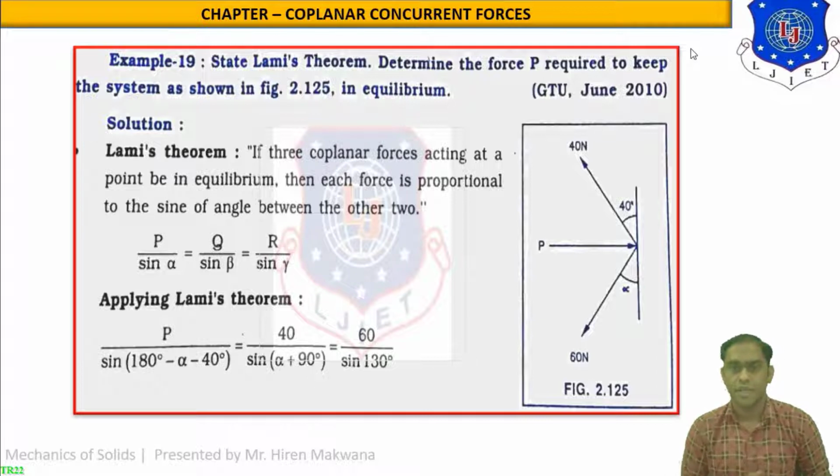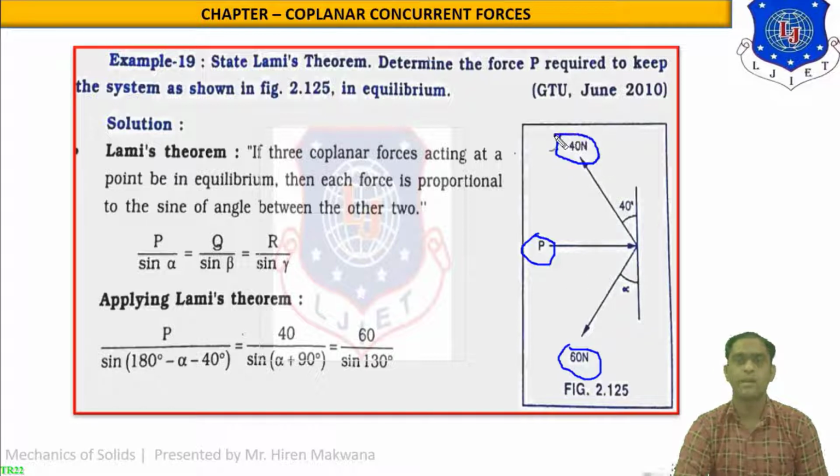Now, according to the figure, we are required to find the unknown force P. Concentrate on the figure very carefully. This is unknown force P, which is compressive at this point. And the other 2 forces, 60 Newton and 40 Newton, both are tensile as you can see.